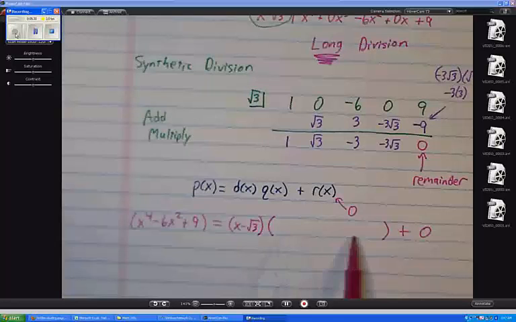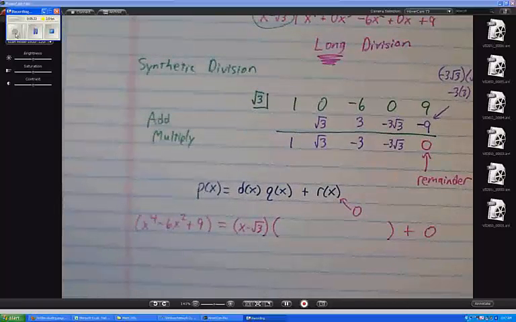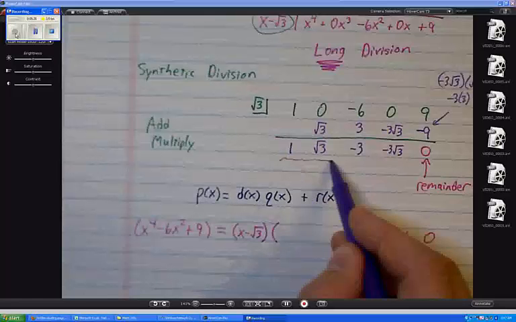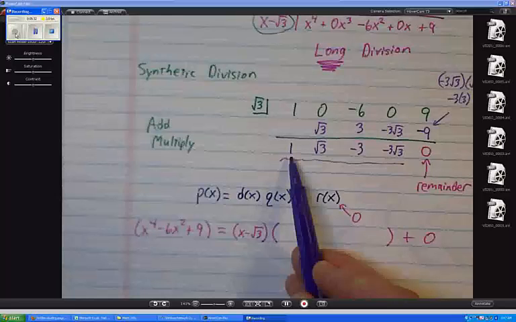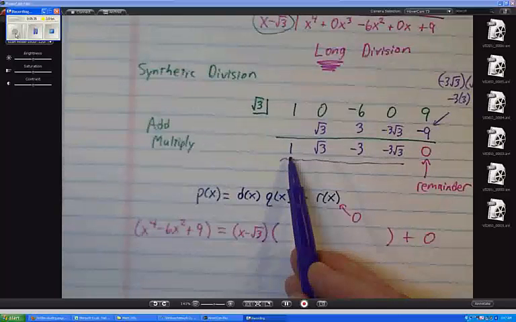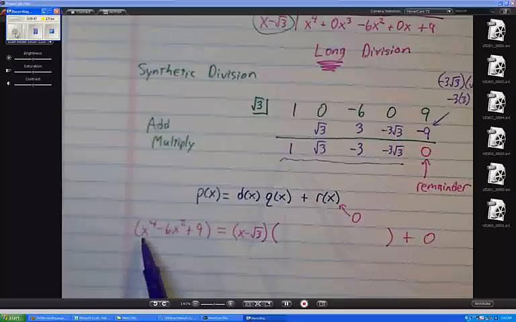I guess the question is, do you know what to put here? Well, what goes there comes from these purple numbers right here. So the leading coefficient of my polynomial is going to be what? Even before that, I have a 1 here, see it? What am I going to put? 1 times what? It has to be x to the 3rd, because the original polynomial's leading term was x to the 4th. Does that make sense to people?